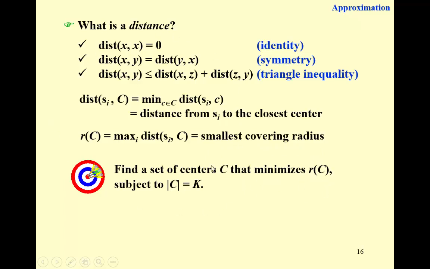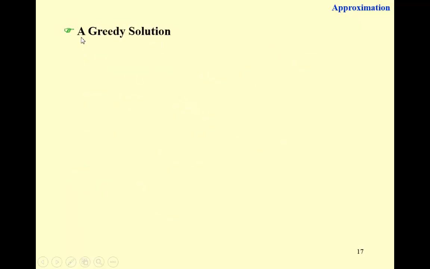So again, this is a typical optimization problem, but the number of candidate centers is what? It's infinity, right? We're talking about a two-dimensional plane, and there are infinitely many possible places for us to put those centers, right? So exhaustive search is totally impossible. Now let's first try a simple greedy method.